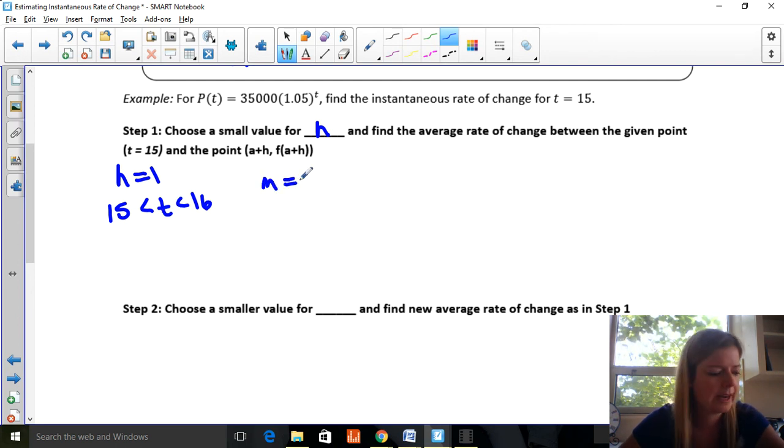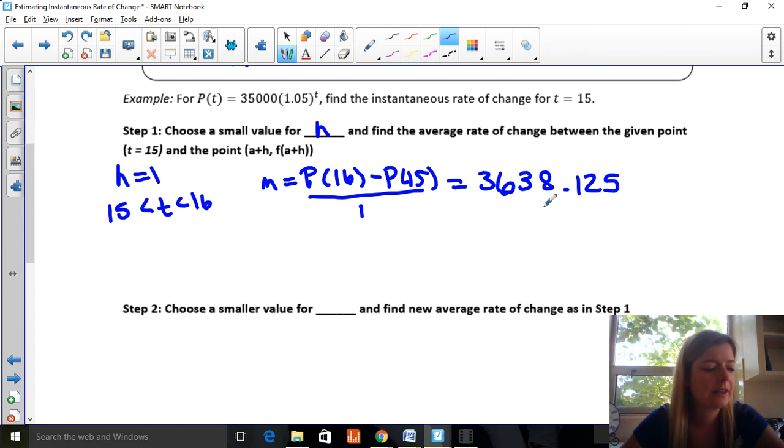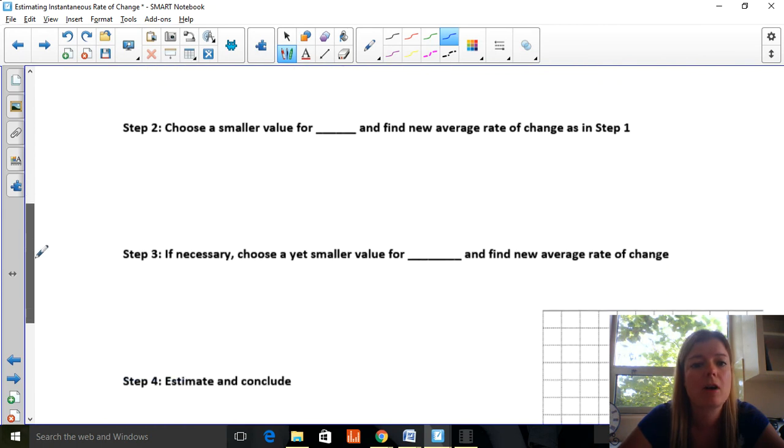So our slope then is p at 16 minus p at 15 divided by 1, because our h value is 1. When you put this into your function, you get 3638.125. So notice that's not even really that close to what our estimate is going to end up being, as we know from before. So with the difference quotient, it really does matter that your h's get very, very small.